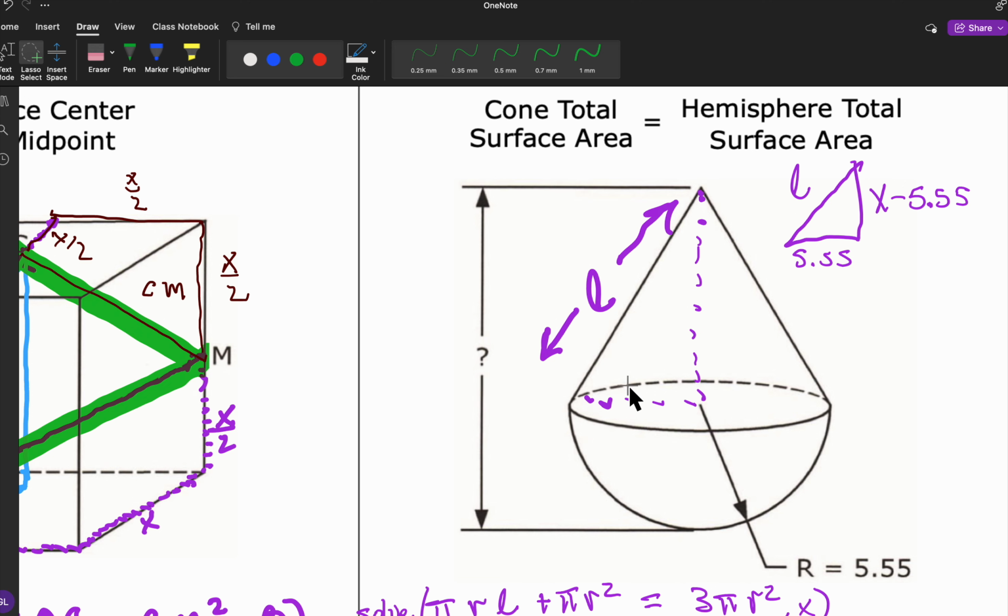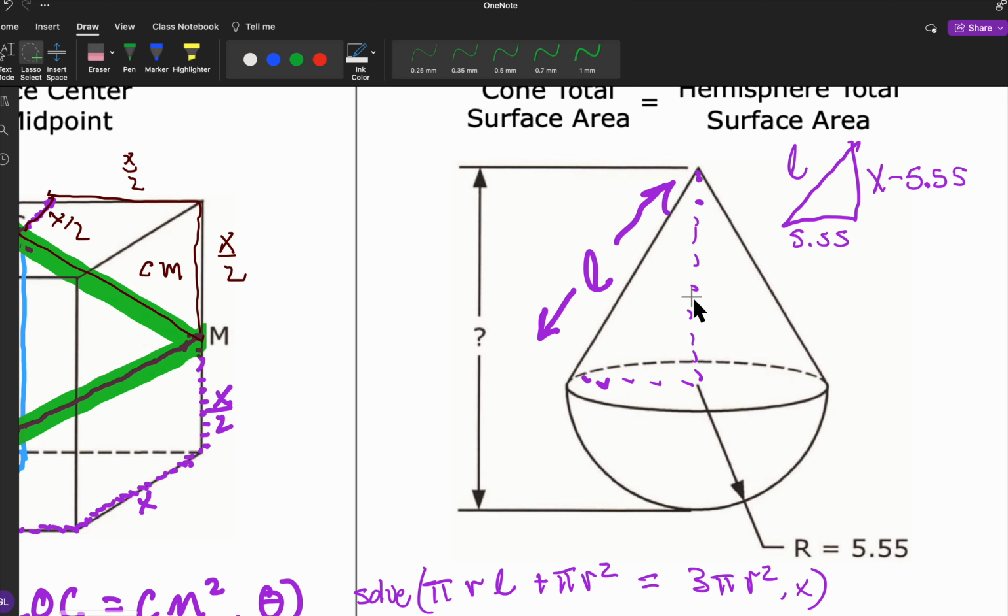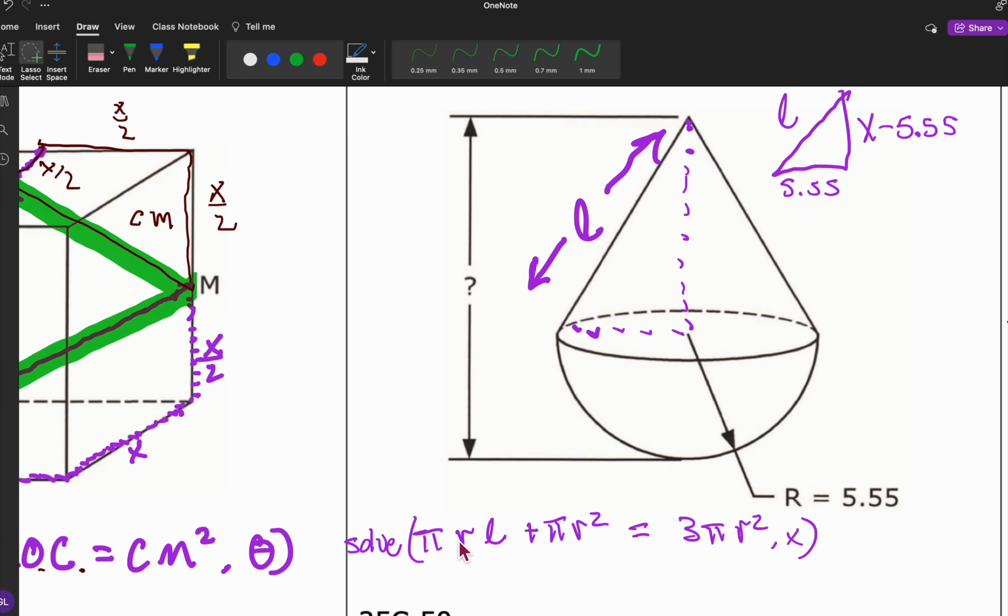Now in this case, the figure doesn't have that base, if you will, because it's like 2 solid shapes put together, but that's the setup for the math. Now to get the lateral surface area, that's pi times r times this side length L, the slant height. And the slant height is going to be determined from the Pythagorean theorem.